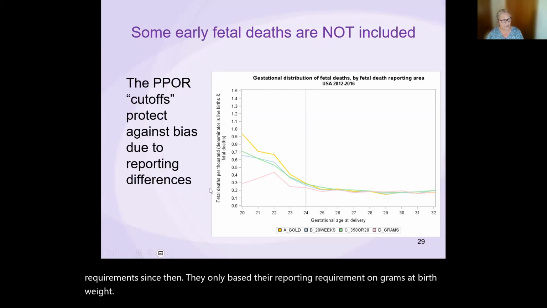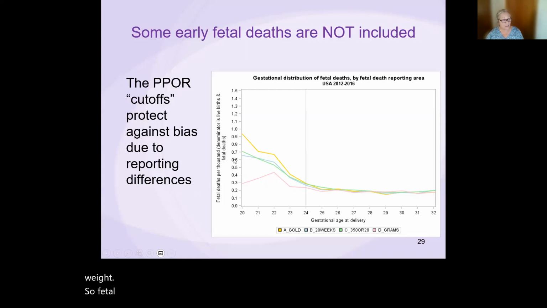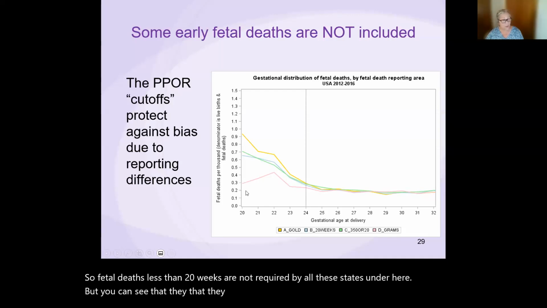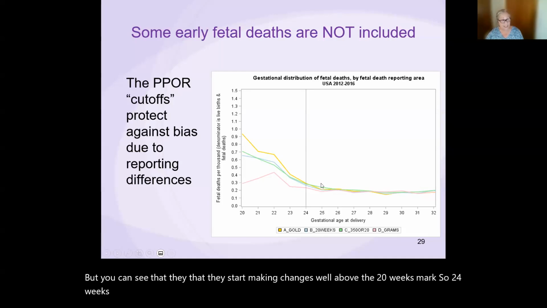So fetal deaths less than 20 weeks are not required by all these states. But you can see that they start making changes well above the 20 weeks mark. So 24 weeks and above, they're fairly consistent across these groups. But below 20 weeks, the reporting requirements start to change.